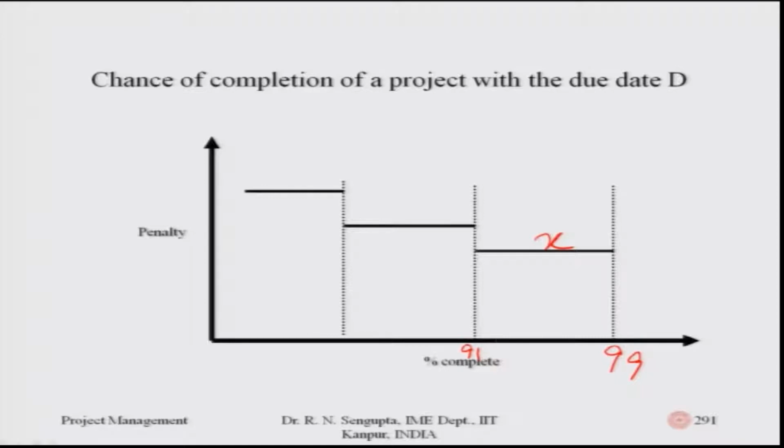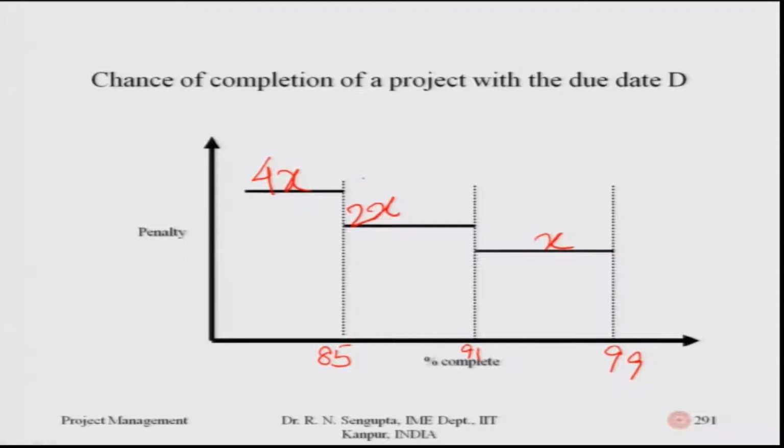If it is less than 91 and, for example, greater than 85, these quantums of percentage complete are arbitrary; they can be equally dispersed or not, depending on how we have framed the problem or what information we have. This would be higher, say 2x, and if it is less than 85% complete, it can be, say, 4x. So, this x, 2x, 4x are again arbitrary.